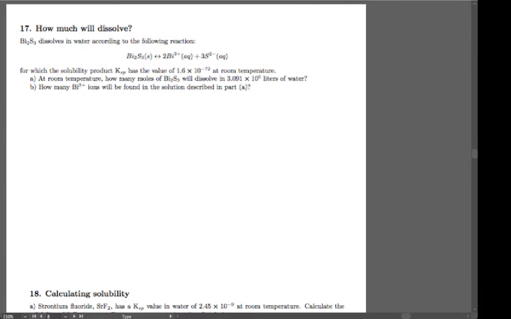So we can write this first. The Ksp would equal the concentration of Bi3+ squared times S2- cubed. And if we are talking about concentration, how many moles?